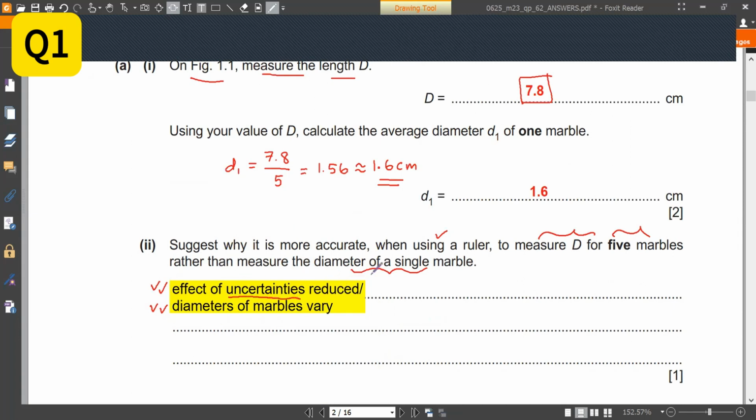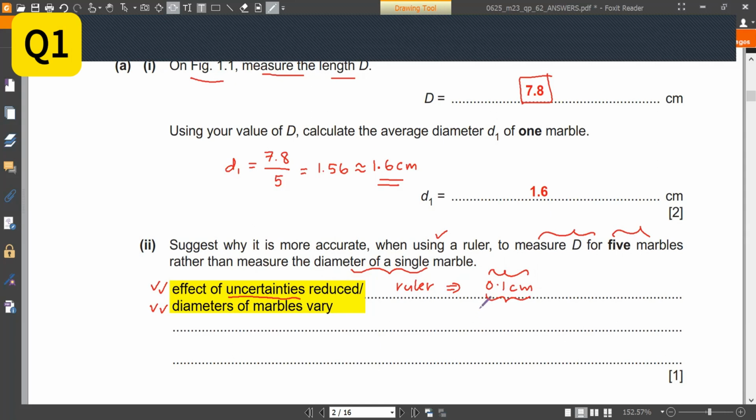So the idea of uncertainty is that, let's say we use the ruler, the smallest scale of the ruler will be 0.1 cm. So the smallest scale that we can measure is 0.1 cm. So the uncertainty will be half of this.